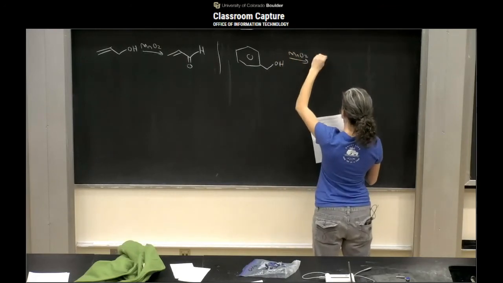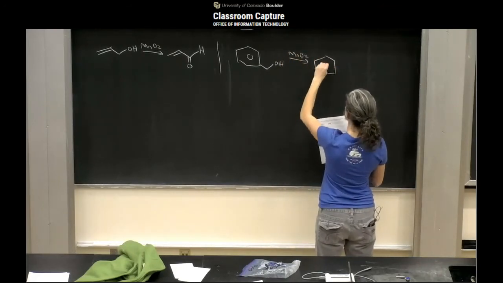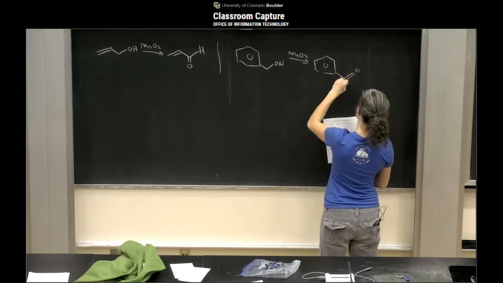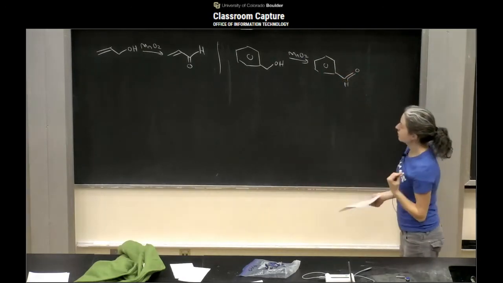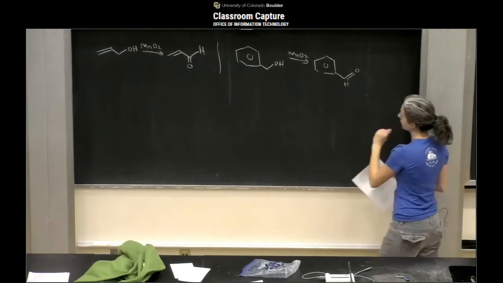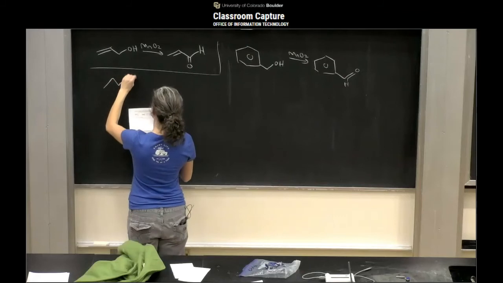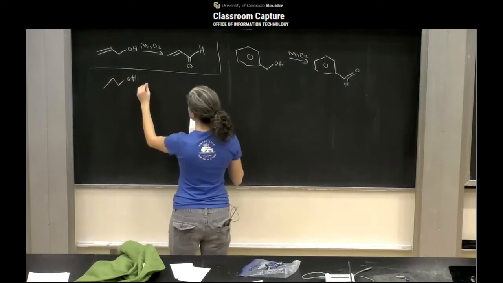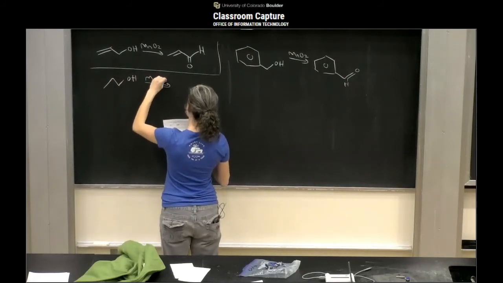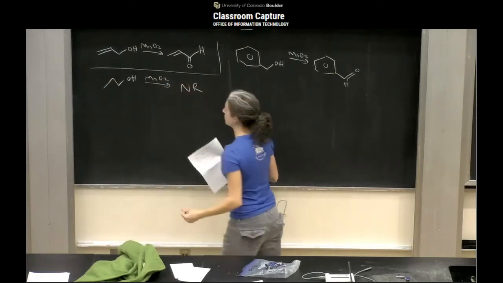MnO2 is going to react with that just like PCC would. But if we tried doing MnO2 on something that's not allylic or benzylic, nothing's going to happen. So if we take the same primary alcohol from up here with MnO2, it's going to be no reaction.